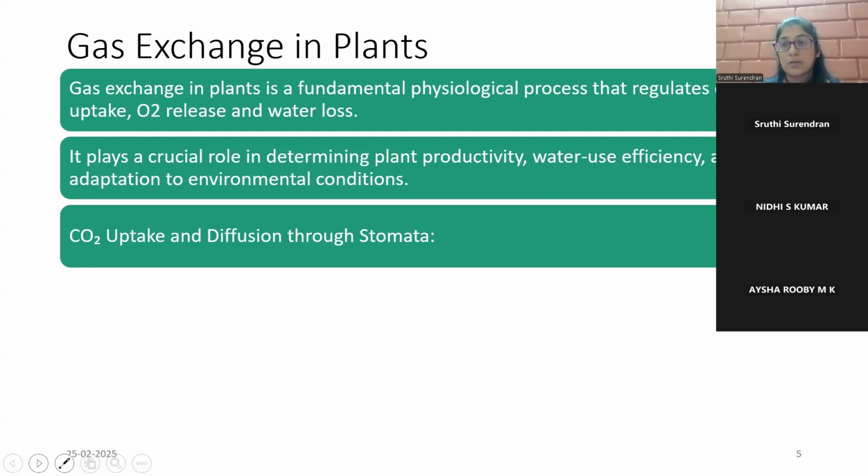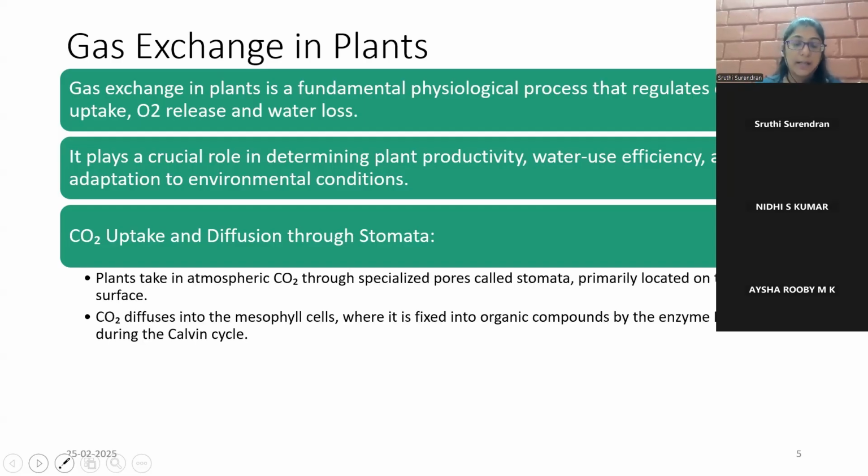I'll explain what is water use efficiency in the coming classes. Right now, let's just familiarize with this term. And then the plant adaptation to the environment in which it is surviving is also hugely influenced by this gas exchange process.